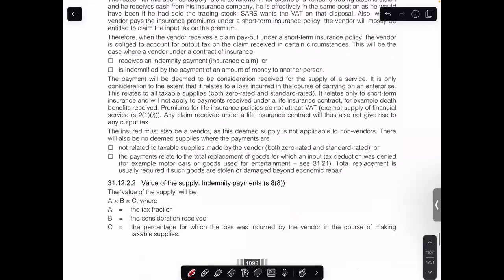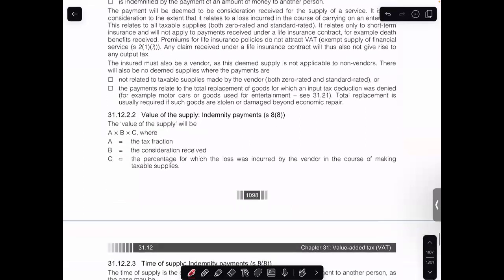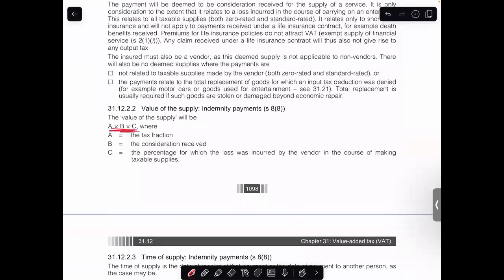If you go to your textbook, you'll find the formula for the value of supply. What is the value of supply of indemnity payment? They say the value of supply is equal to A times B times C, where A is your tax fraction. Your tax fraction will always be 15 over 115.